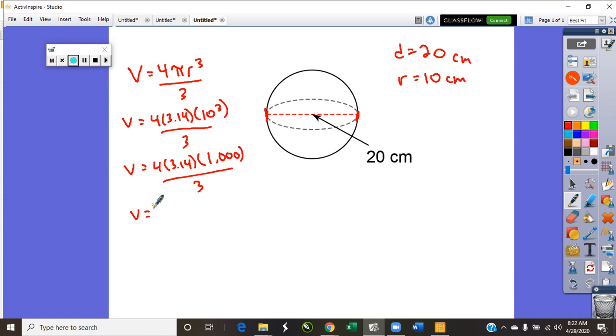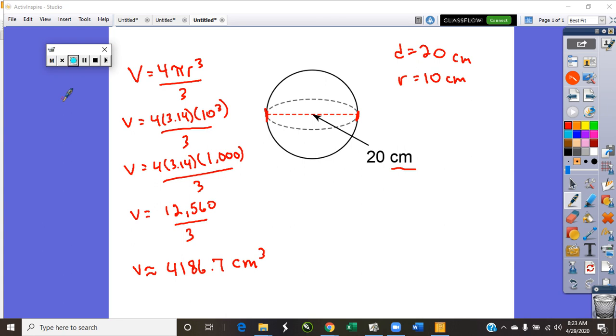So volume equals 3.14 times 4 times 1,000, and I come up with 12,560, and I'm going to divide that by 3. So the volume of this one would equal about 4,186.7, and this would be centimeters cubed.